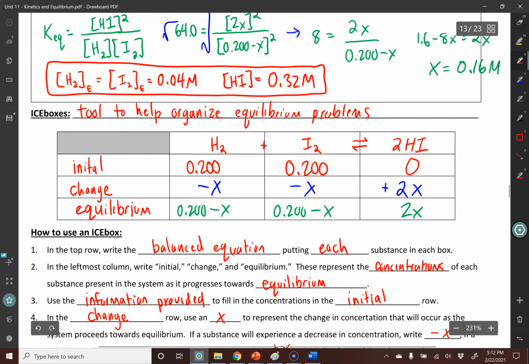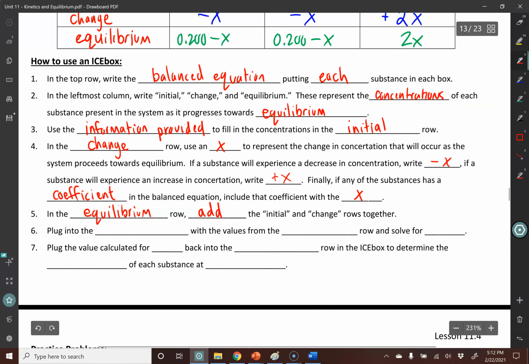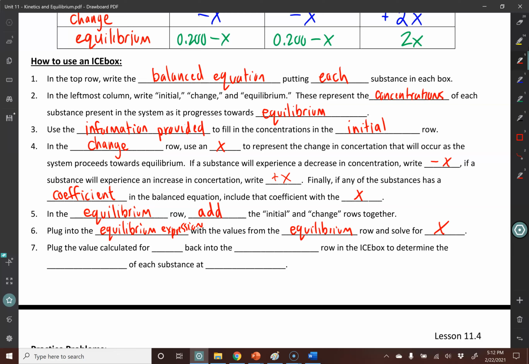Just to kind of finish up, we'll go back and fill this stuff in at the bottom. Plug into the equilibrium expression, or the Keq expression, the values from the equilibrium row and solve for x. That was, in our case, 0.16 that we calculated.